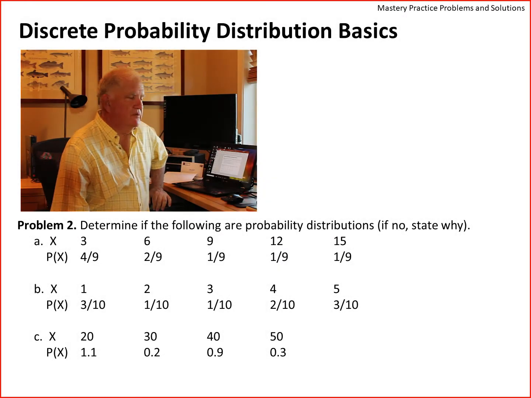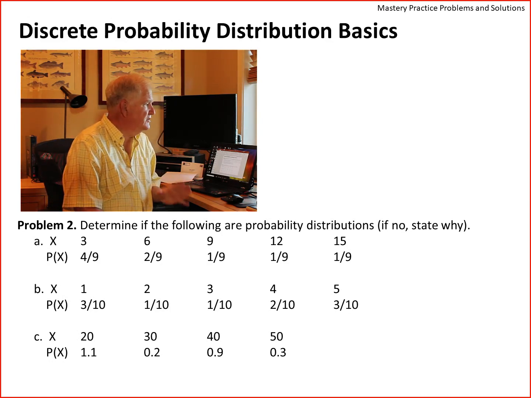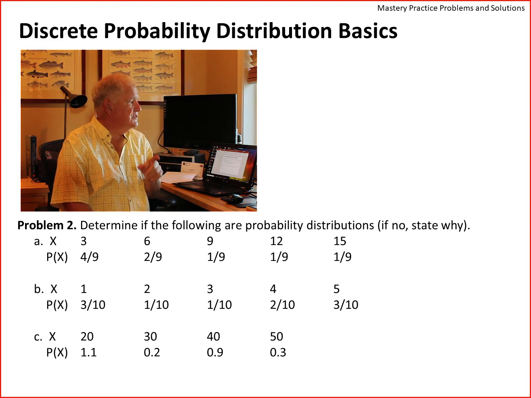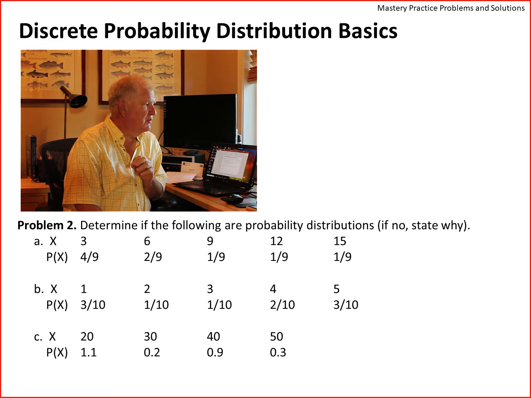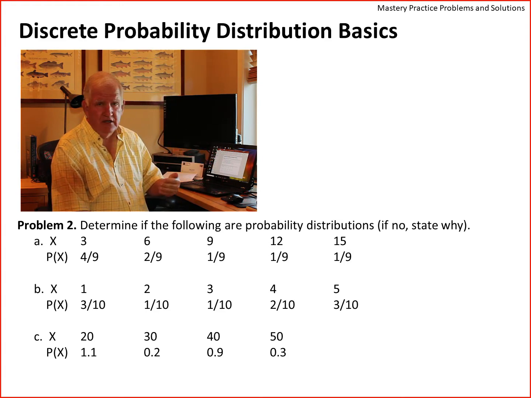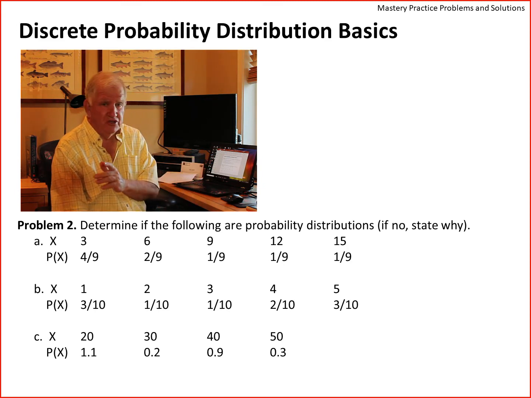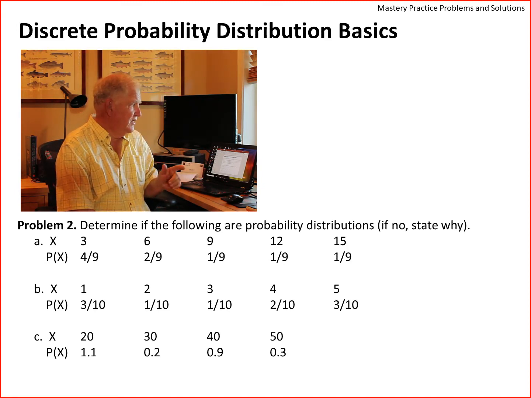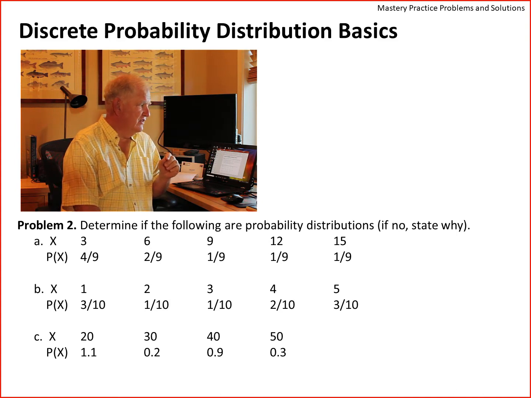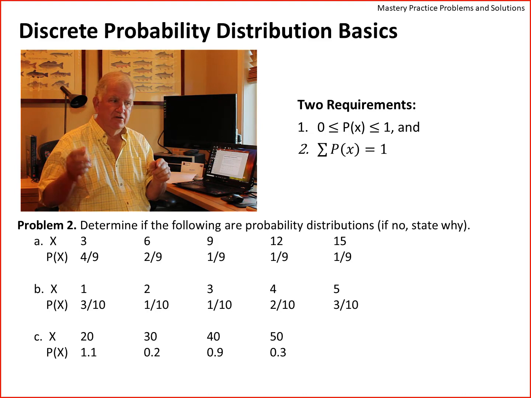Okay, here comes problem 2 in the discrete probability distribution basics section, coming at you like a Gatling gun. It says, determine if the following are probability distributions, and if not, state why. When you're assessing whether or not they're probability distributions, you're really looking just at the probabilities, because they have to satisfy the criteria that they're all between 0 and 1 inclusive, meaning they could be 0 and they could be 1.